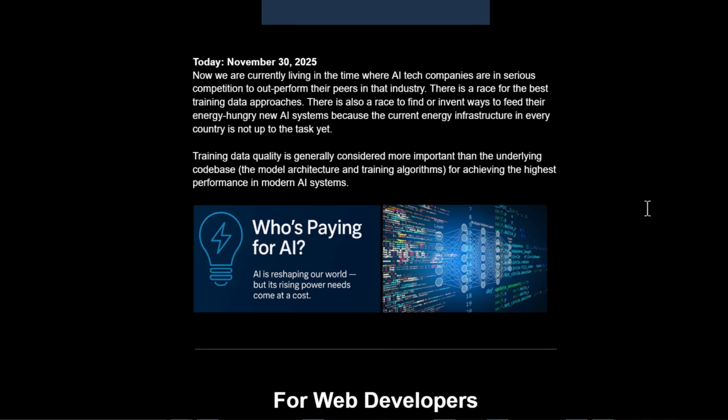Training data quality is generally considered more important than the underlying code base, the model architecture and training algorithms, for achieving the highest performance in modern AI systems. So what's going on today is that there is something called junk food training, where people who are building modern models are trying to weed out the junk food and get high quality training data.